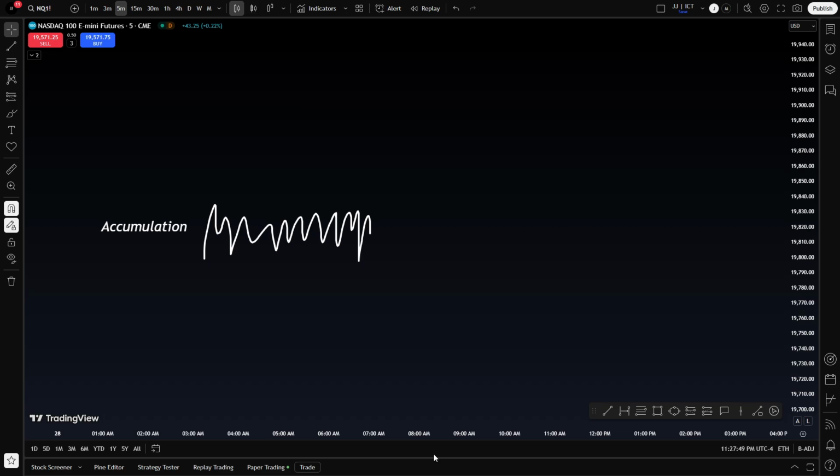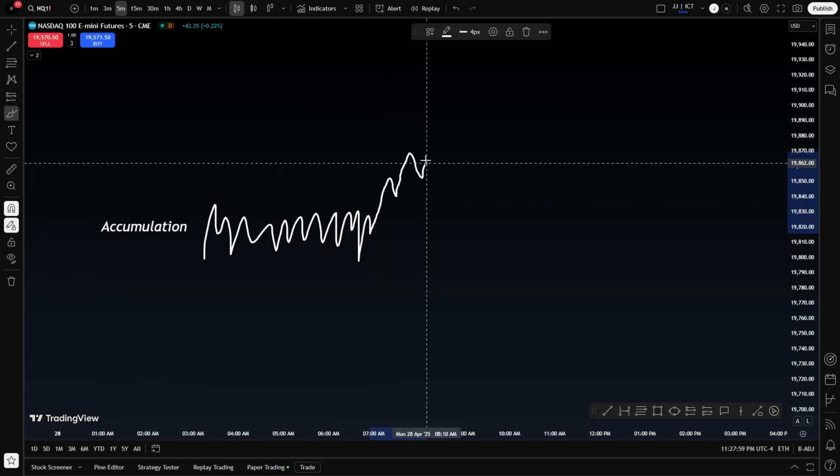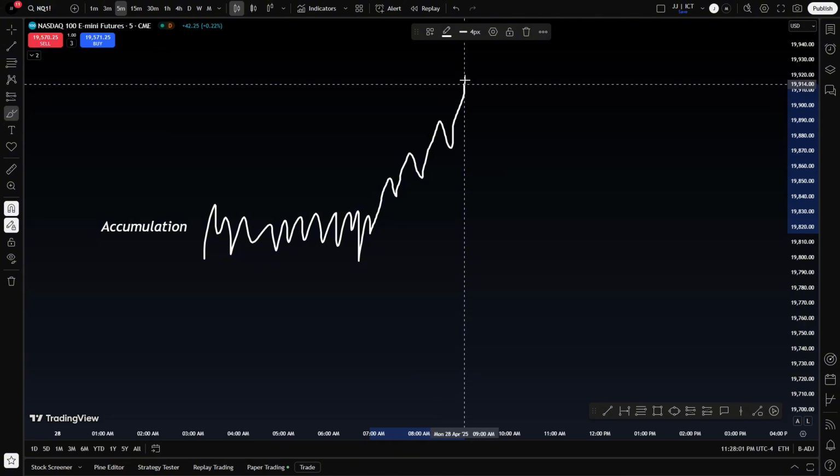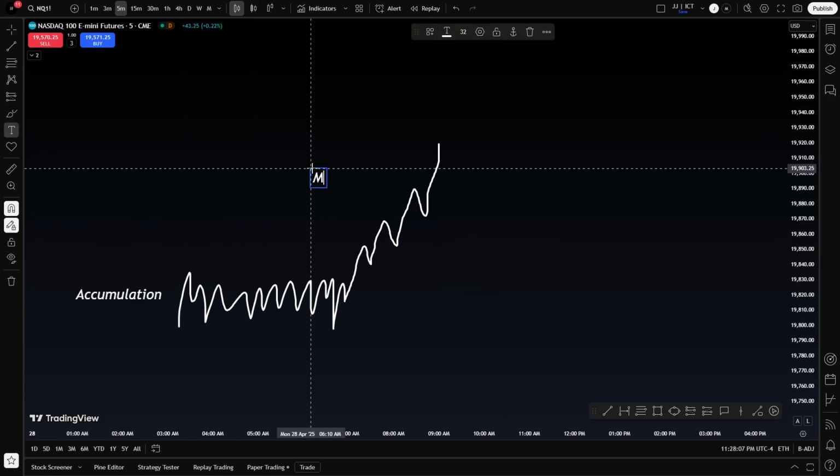And the reason I'm saying this is after accumulation, you have something that's called manipulation. For example, let's just say price manipulates higher. Up, down, up, down, up, and up like that. This up move right here will be considered manipulation. So we can put a text box right here, name it manipulation.